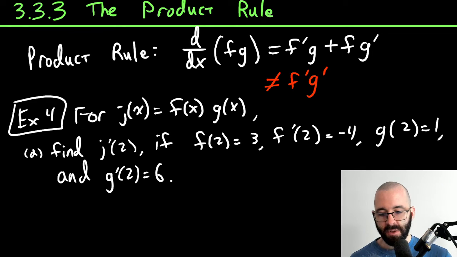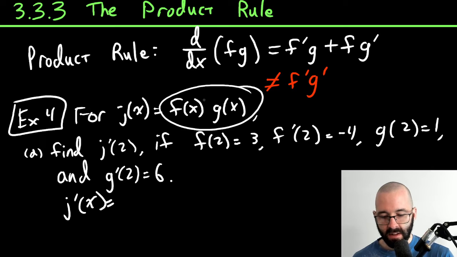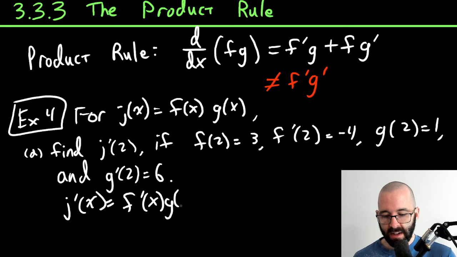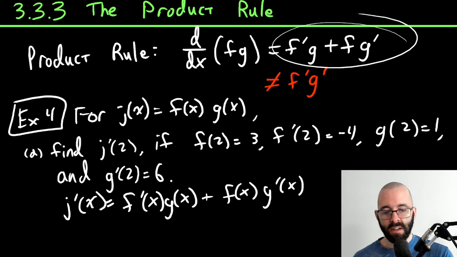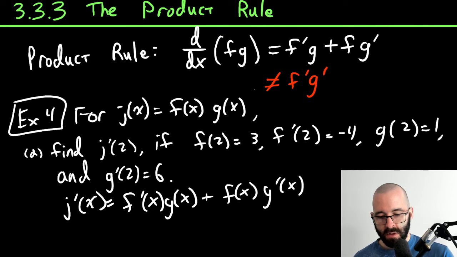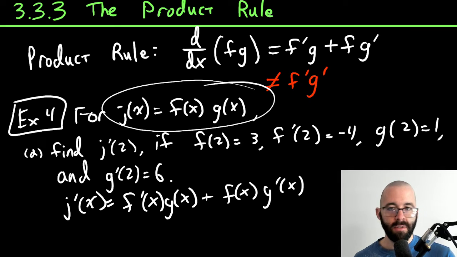So j prime of 2, well, first off, let's look at j prime of x. Let's look at this derivative at any place. Well, the product rule tells us that the derivative of j is going to be f prime of x times g of x plus f of x times g prime of x. We're just using the product rule. j is just the product of two other functions.